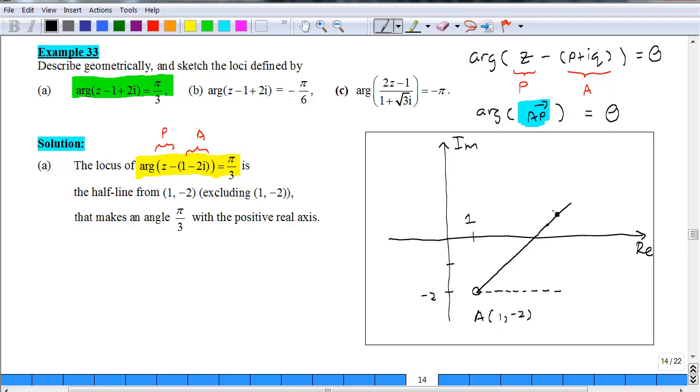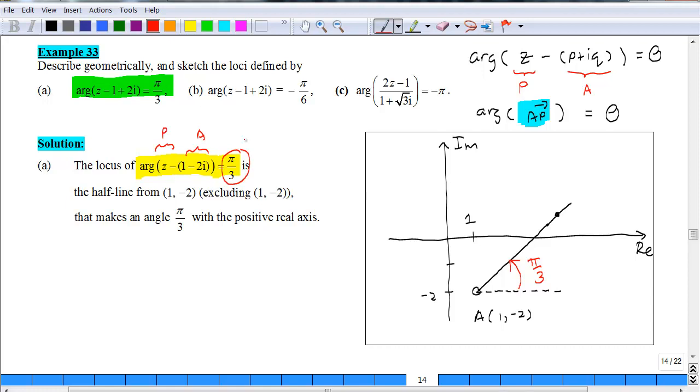I must make sure that the angle this line makes is pi over 3. Because the argument is plus pi over 3, when you measure from the horizontal, you measure anti-clockwise, because that gives the positive argument.